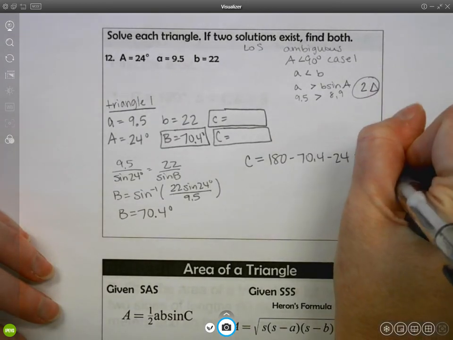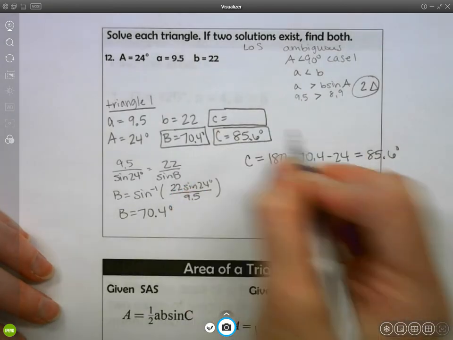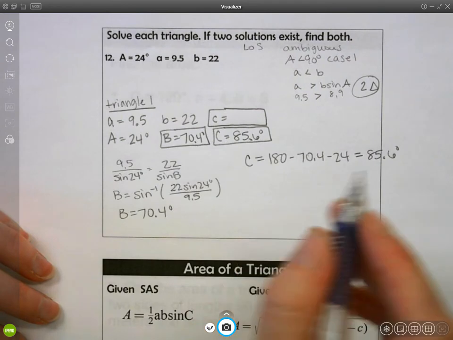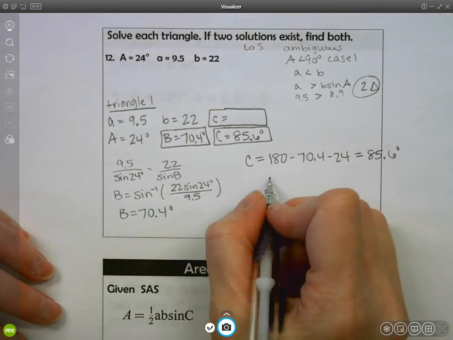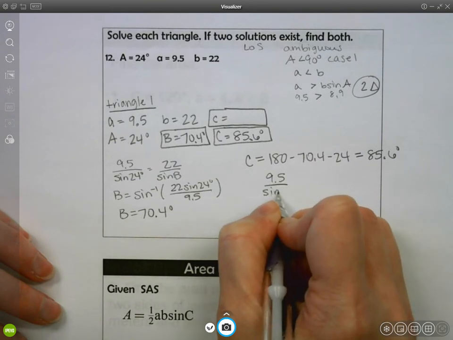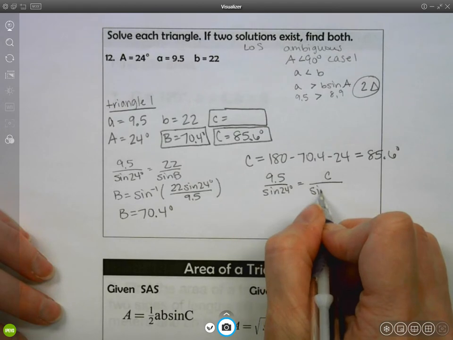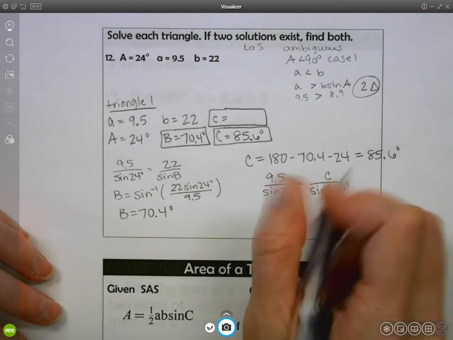I get 85.6. And then you're going to use law of sines again to find side C. So 9.5 over sine of 24 is equal to C over sine of 85.6.